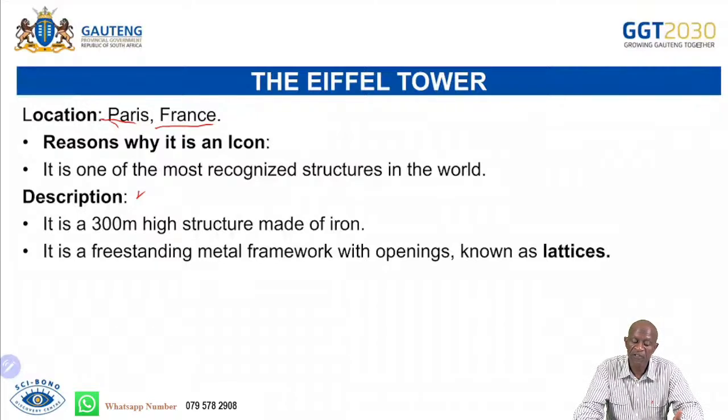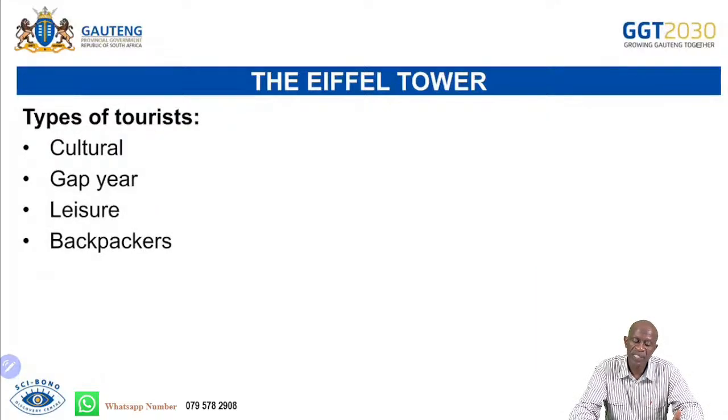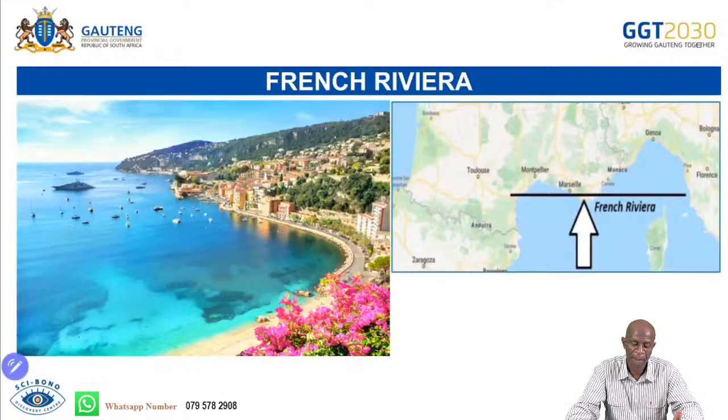It is a freestanding metal framework with openings known as lattices. So these openings are referred to as lattices. It would attract the cultural, the gap year tourist, the leisure tourist, as well as backpackers. So these are the types of tourists that it attracts.